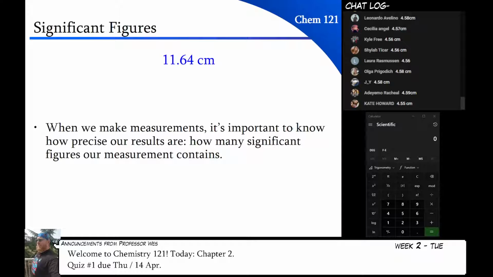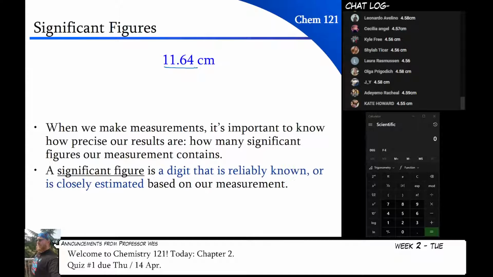And so you would say, well, if I can get 4 digits out of this, that must mean that tool is fairly precise. Each of the digits I write down is what's called a significant figure. So significant figures are any digits that you know for sure. So remember, we know these for sure. And then this last digit is our estimated guess.